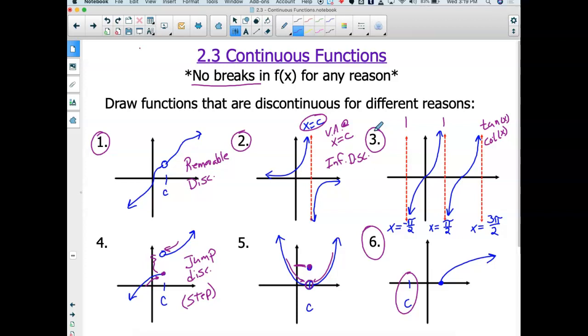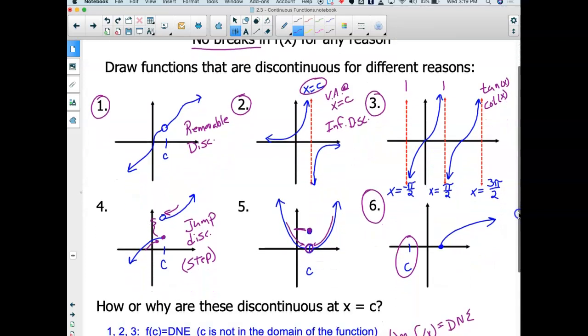They are domain issues. 1 could also be a removable discontinuity. So I guess I should say number 1 wouldn't be a domain. Number 1 is a removable discontinuity. 2 is an infinite discontinuity, because if it's a hole, I can always typically go back and fill a hole.